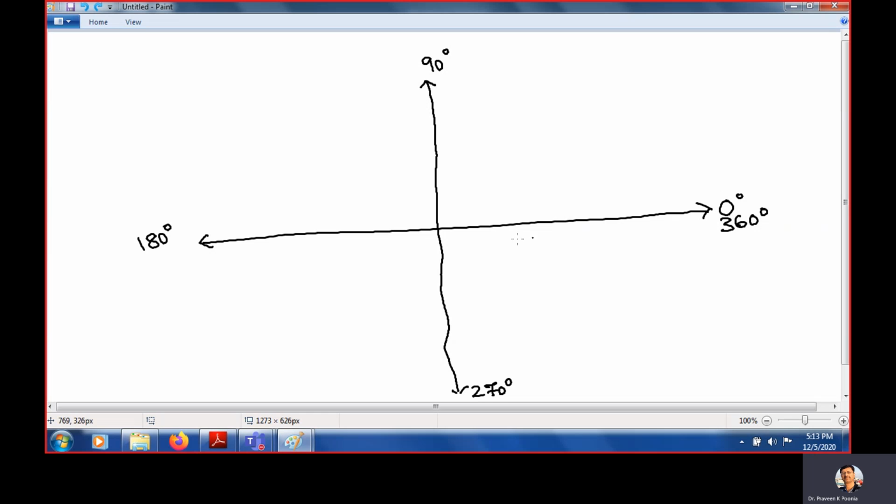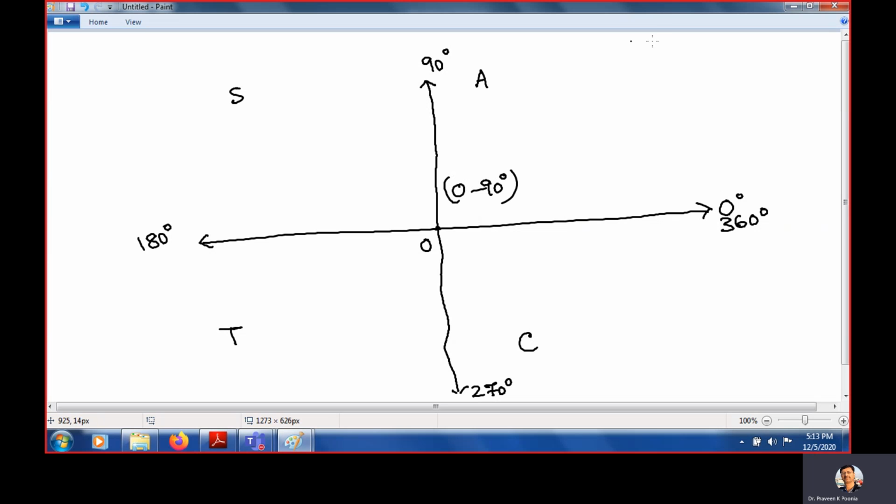Okay, so this you need to remember. This is point O. Here, just remember A, S, T, C. This is the first quadrant, and it is 0 to 90 degree.